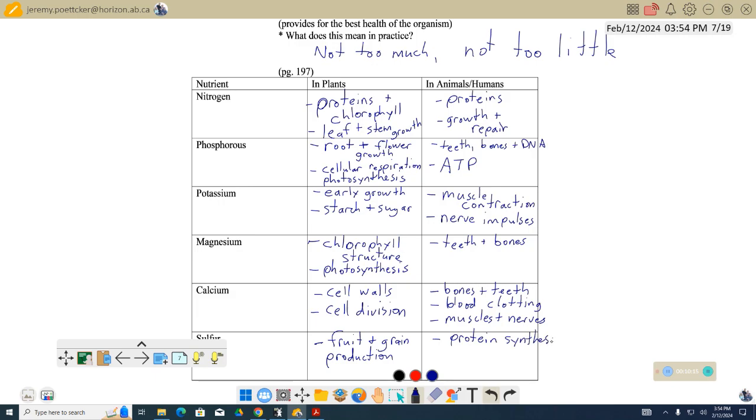That's where sulfur gets used. Also, enzyme activation, detoxification, it's part of your hair. If you were a bird, it's part of your feathers. If you're an animal, it's part of your fur, and that's why if any of those things burn, it smells horrible. All right, so make sure you pause that, get all of these things down if you haven't already.